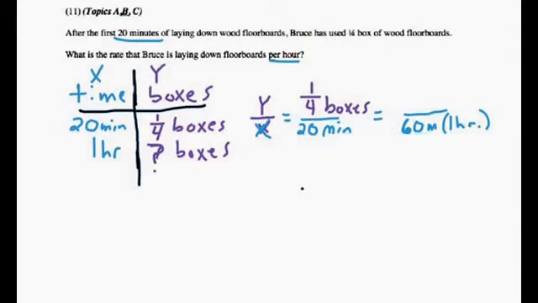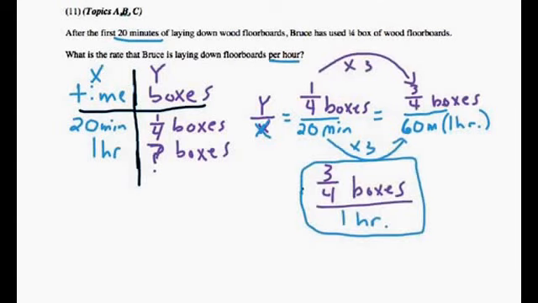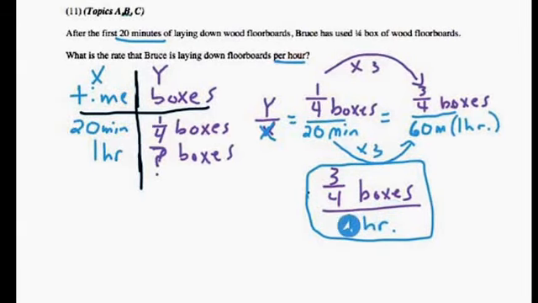So how could we find the number of boxes they would put down in 1 hour? 20 minutes times 3 equals 60 minutes. So if we multiply our numerator by 3, we find the equivalent rate, 3/4 boxes per 1 hour. So there's our answer. We could express this as a rate, 3/4 boxes per 1 hour.